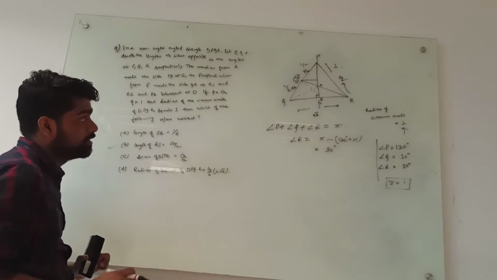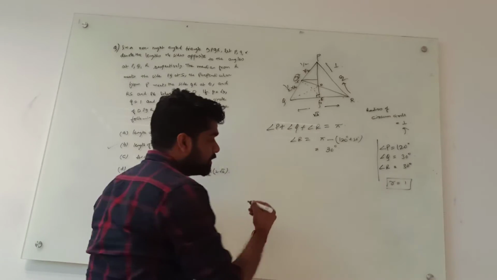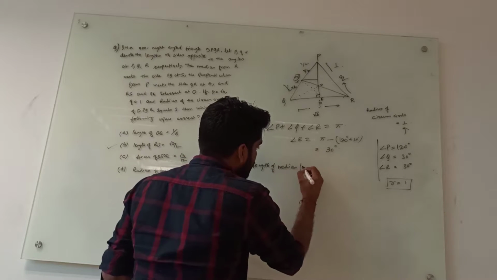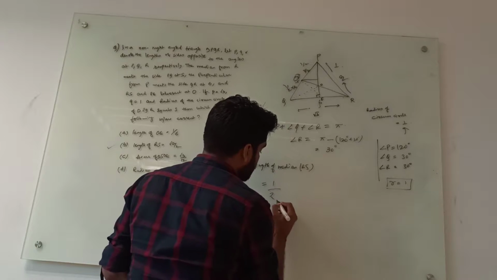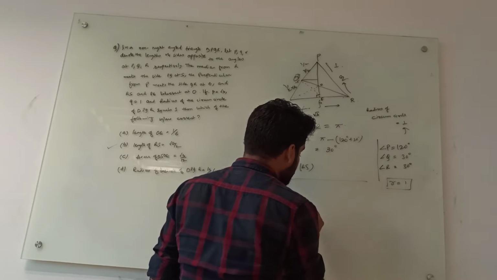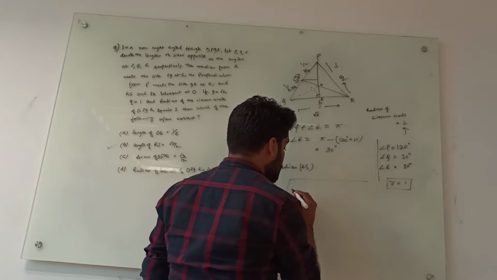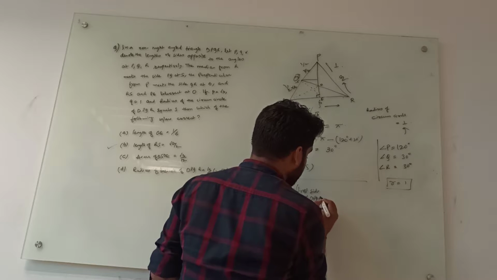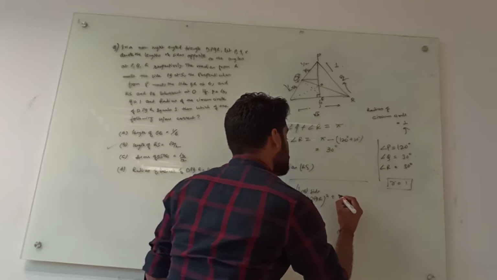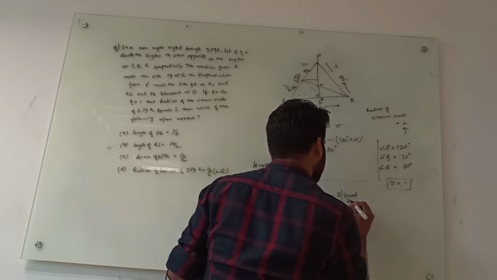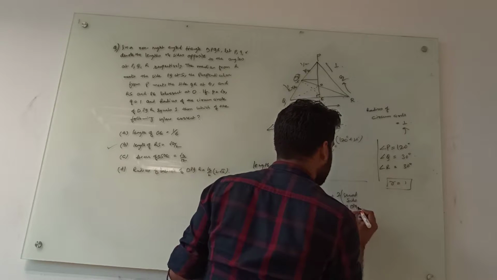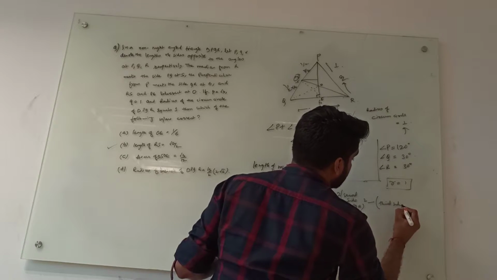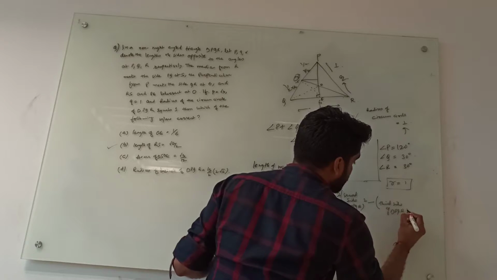length of RS? RS is nothing but the median. So let us find the length of median RS. What does the formula tell? The formula tells half into the whole root of 2 into the first side of triangle PQR squared, similarly 2 into the second side of triangle PQR squared, minus the third side of triangle PQR squared.